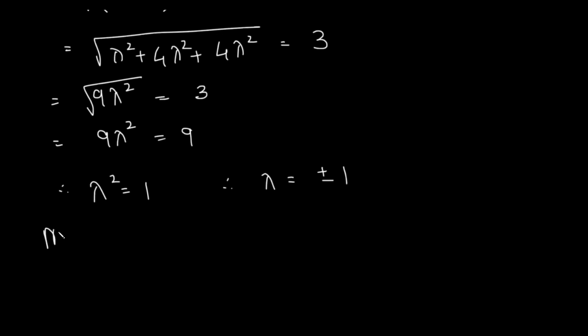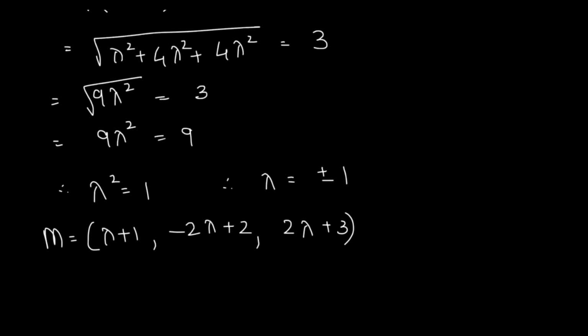Now we can put lambda in the value of M. M is given by the coordinates lambda plus 1, minus 2 lambda plus 2 and 2 lambda plus 3. These are the coordinates of M actually.